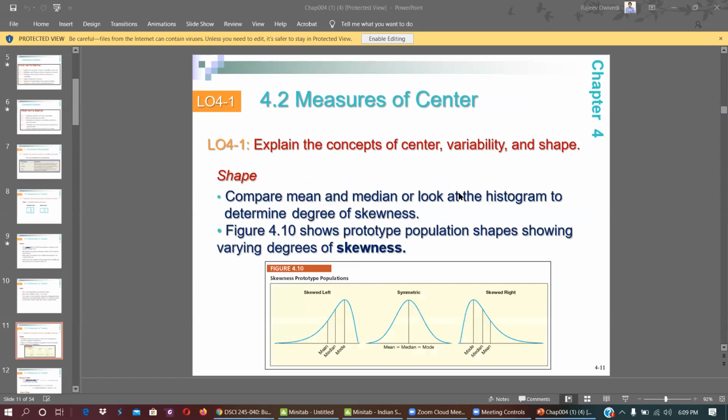Okay, so these are the three important univariate data analysis measures. Why univariate? If you remember the previous class, there are three types of analysis: univariate, bivariate, and multivariate.